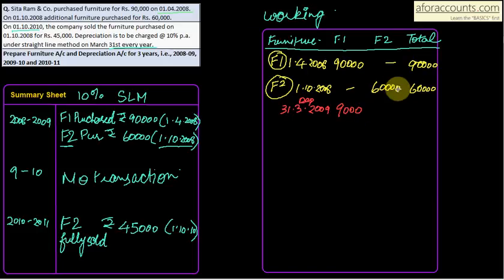And 60,000's depreciation for 6 months. So your working will be 60,000 into 6/12, because it is for 6 months, into 10/100. So that comes up to 3,000. So 3,000 is your depreciation here. Depreciation will be subtracted. Total 12,000 is your depreciation. Subtract 12,000.